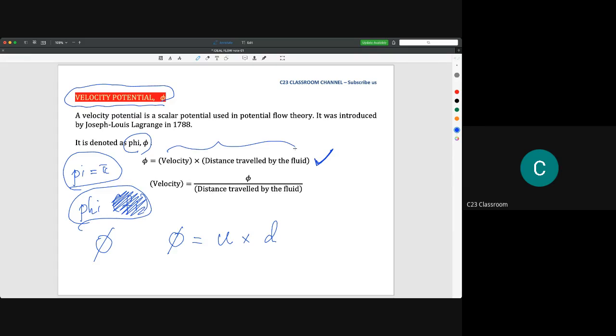If you look back into the previous notes, you will find that the stream function is U times L, where L is the cross-sectional area, and it is equal to Q. And the phi here is equal to U times L again, but the L here is the distance traveled by the fluid.